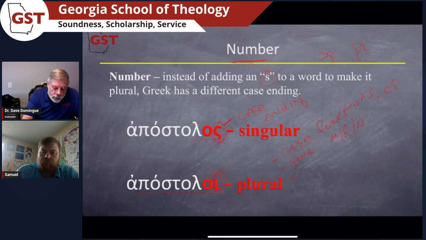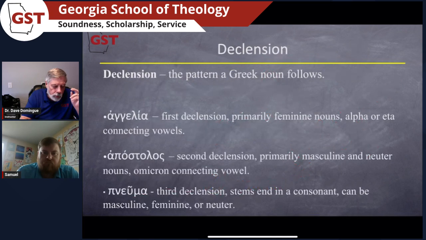And we also have number, which is either going to be singular or plural. So all your parsing is going to address all three of those things. You're going to recognize how it functions, in the nominative, genitive, accusative, or dative case. You're going to recognize its gender, masculine, feminine, or neuter, and its number, singular or plural, for every single noun. Okay?